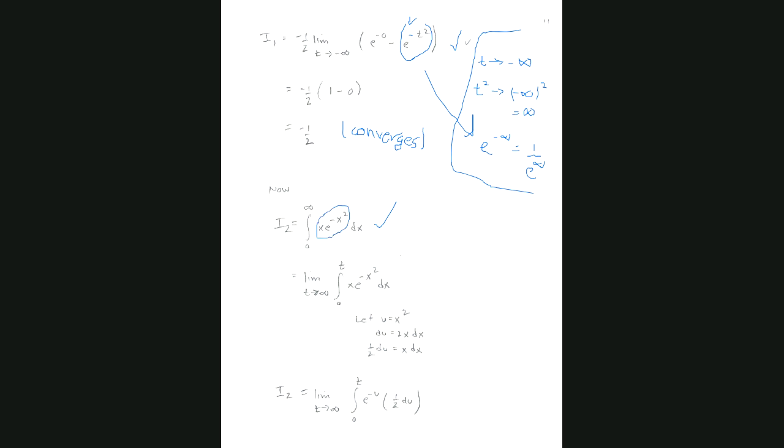So we'll just compute that integral, and the process is the same. You're going to let u equal x squared and make that substitution. All right, so let me give you a moment to copy that down.